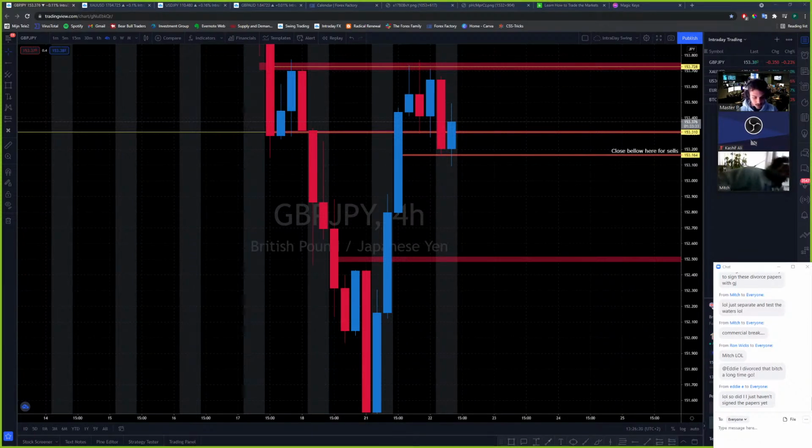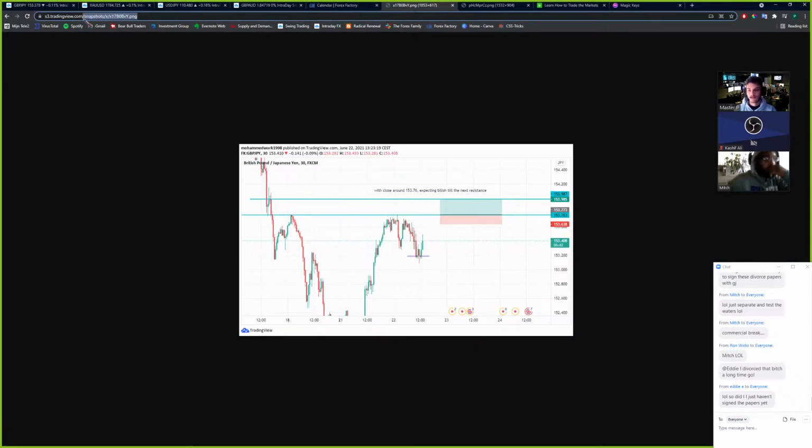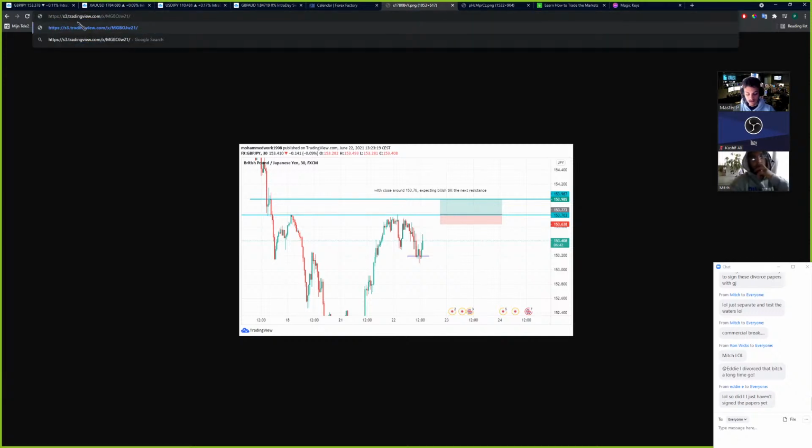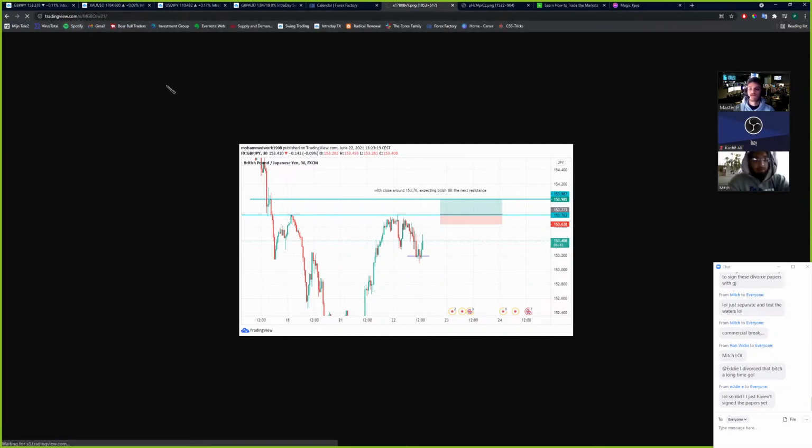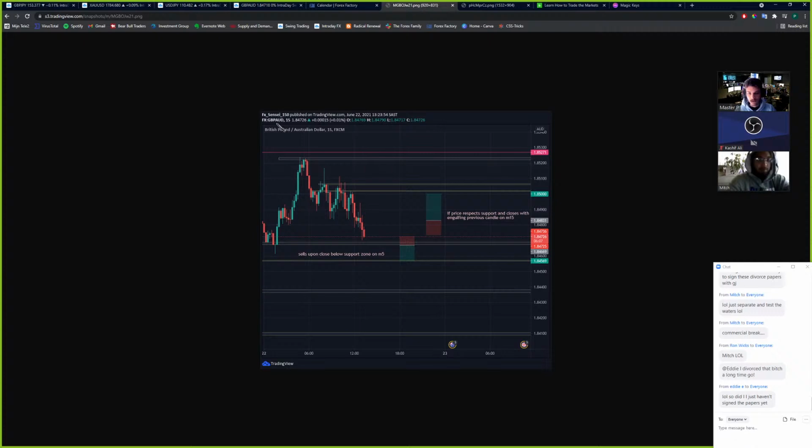Let's check this setup from a name I can't pronounce. This is a GA 15 minute. If price respects support and closes engulfing the previous candle on 15 minute, you're going to take a buy. Sells upon close below the support zone on 5 minute. Yeah, that makes perfect sense, especially the buying analysis.